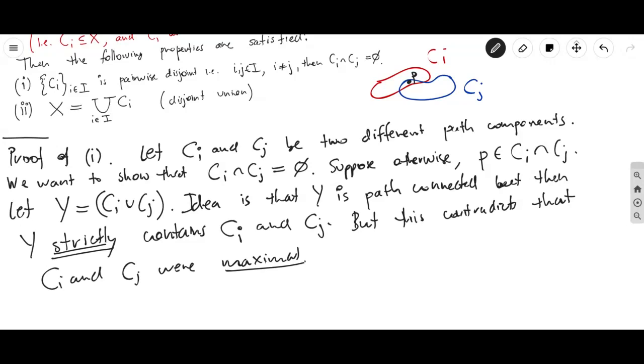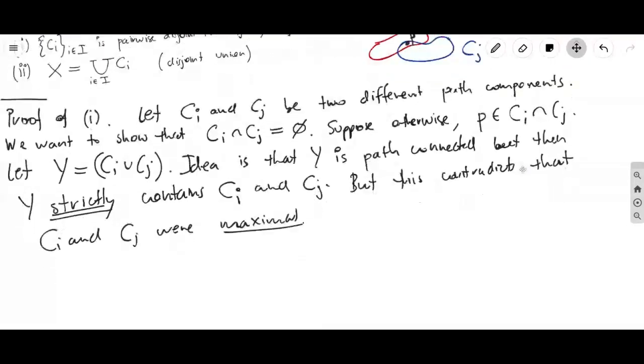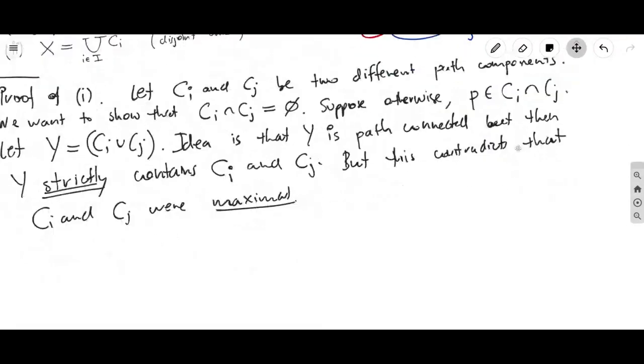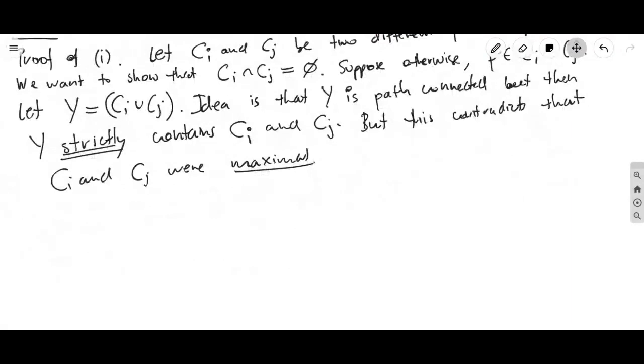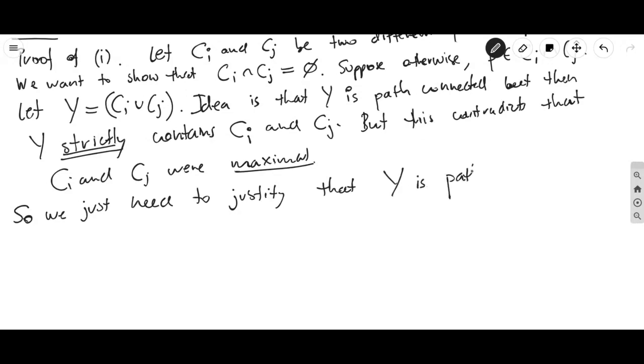And you just constructed something that is a path-connected subset of X, and it is strictly larger than both Ci and Cj. So it just remains to show why Y is path-connected. So we just need to justify that Y is path connected.